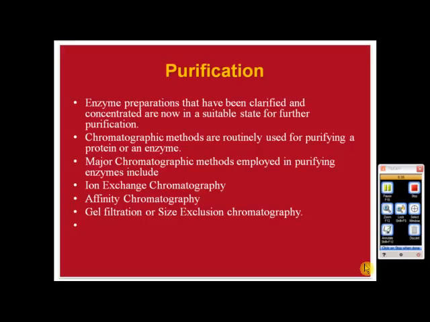In the initial step, you do centrifugation wherein the cell debris is removed. Cell debris means that after lysis you get the membrane, and that membrane we call the cell debris. So that is removed. After that you use several things, like treatment with chloroform and isoamyl alcohol.